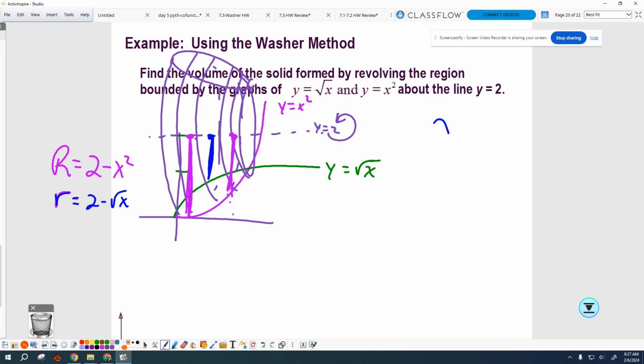All right. Pi times, and we're gonna integrate over what bounds? 0 to 1, okay? And it's big radius squared minus little radius squared.